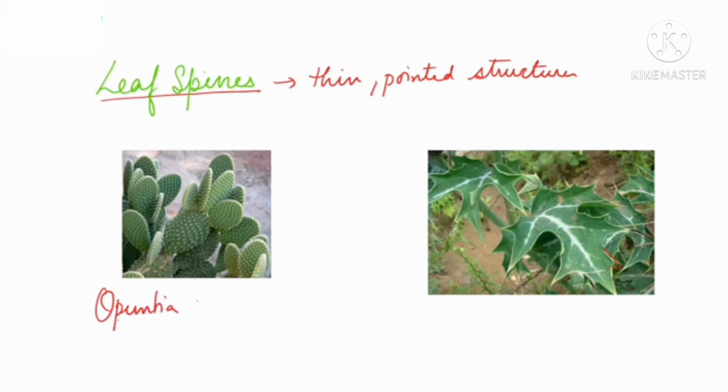Example, Opuntia. These spines check the loss of water from the plant body, helping the plant to conserve water. So the spines help to conserve water. Is it clear?